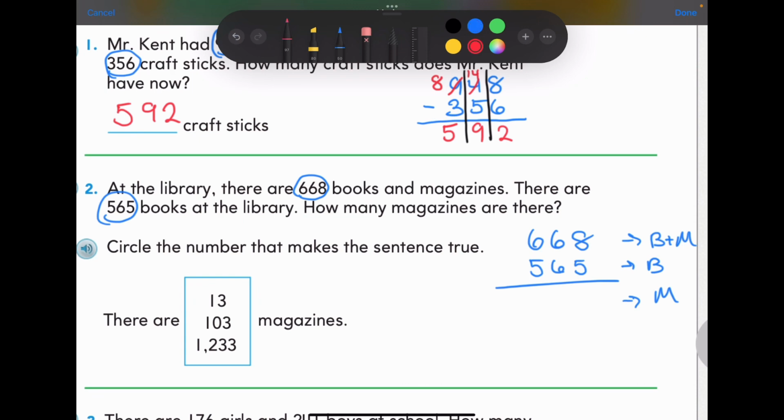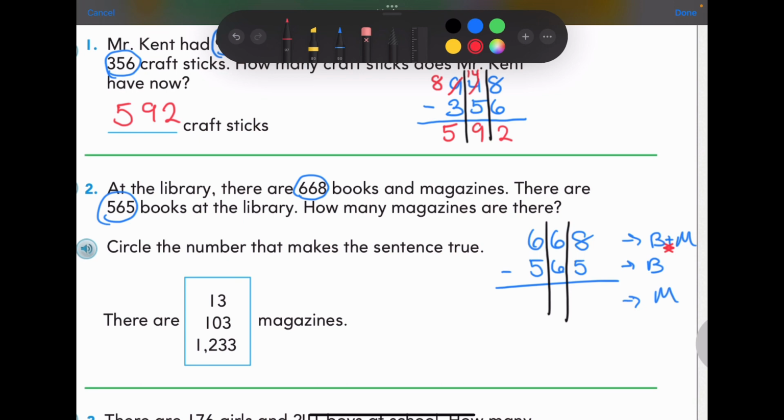So notice how I added up here, which means that on our actual sign that we're working with is a subtraction sign. So we need to subtract in this problem to get our answer. All right, because we know that the number of books is also in 668, along with the number of magazines. But they gave us 565 as the amount of books. So I'm just going to solve this problem to find my answer for the number of magazines.